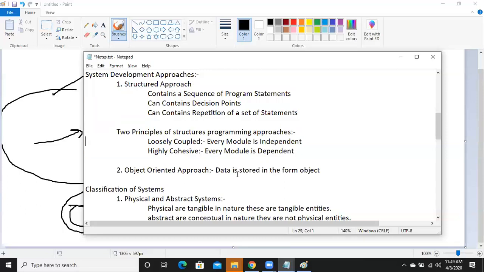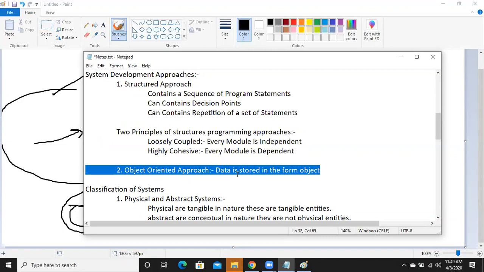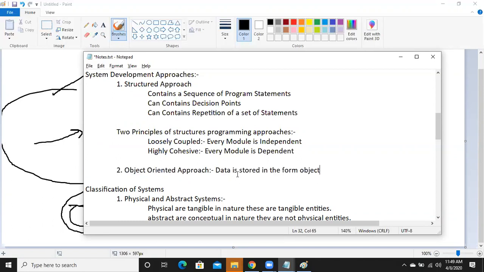We had unstructured programs also, very long ago. But in the object-oriented approach, our main motive is not the flow of our program. The main motive is how we can store our data very securely.